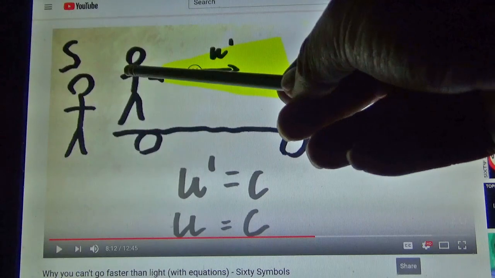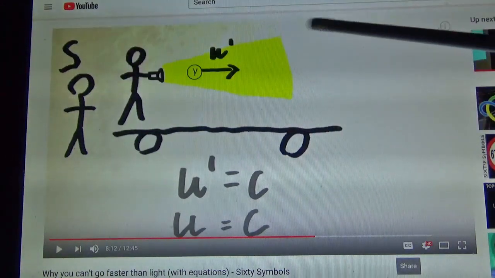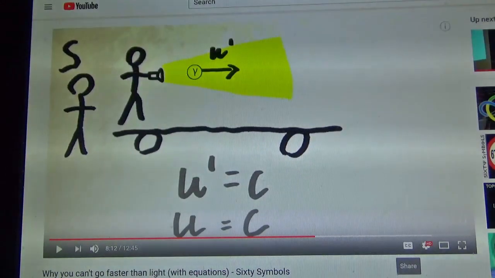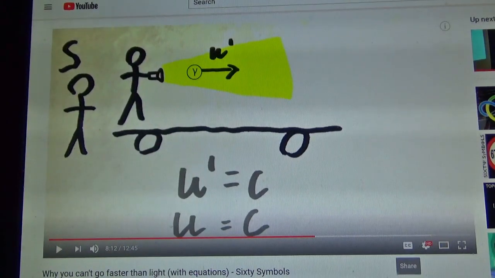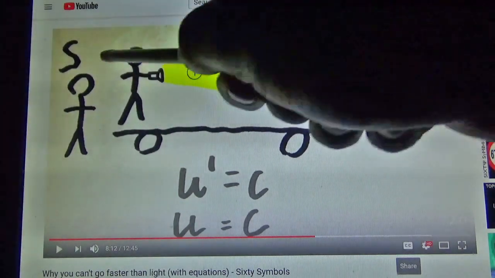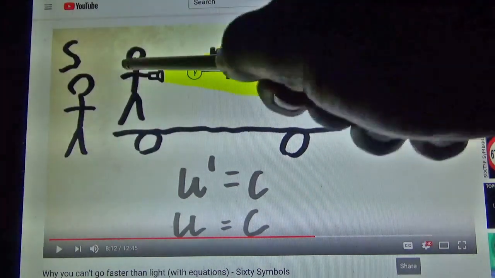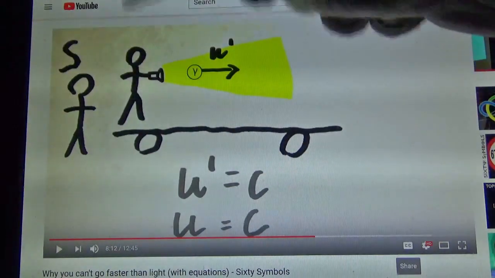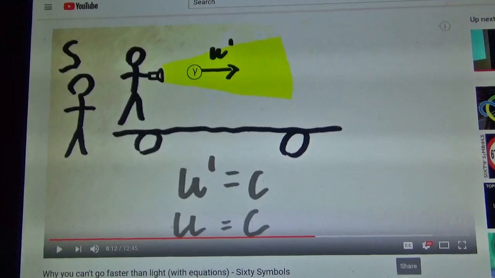Are they just talking about the speed of light for this person being c, and this person agreeing that the speed of light for this person is c? But they're not saying anything interesting. That person's saying the speed of light is c in this direction, and this person is saying, yeah, I agree with you.